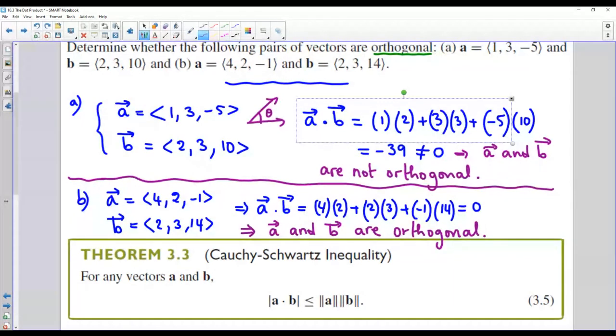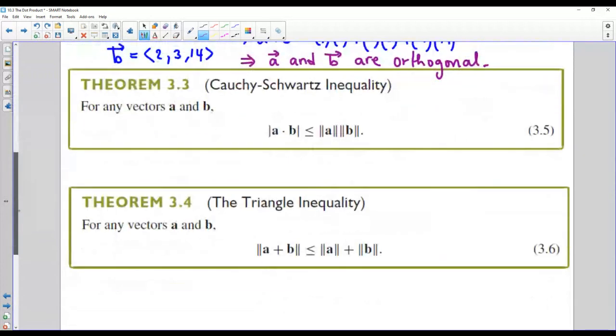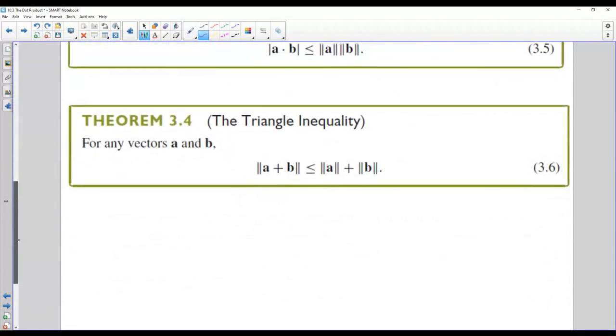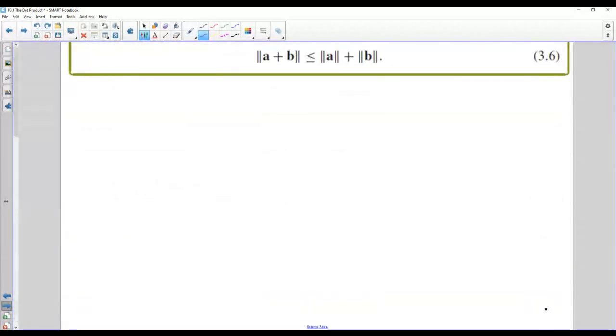So this then is the way we check if two vectors make an angle of 90 degrees or not. So find their dot product. If the dot product is 0, then yes, the angle between them is 90 degrees. So these rules not really important here.